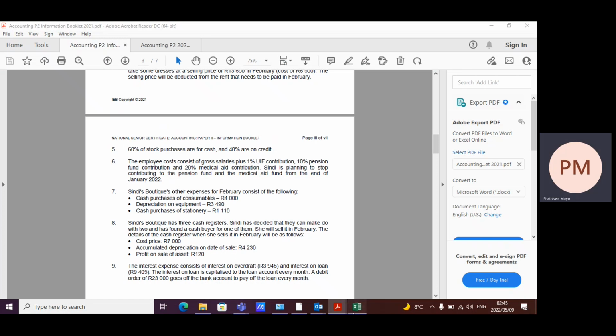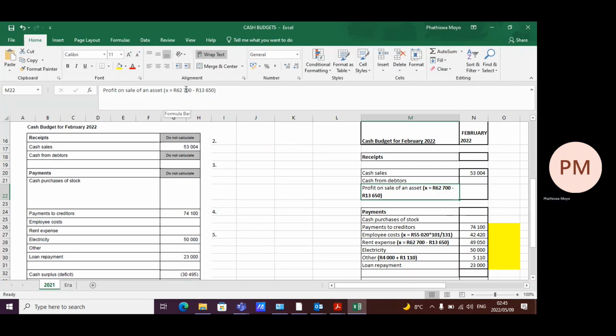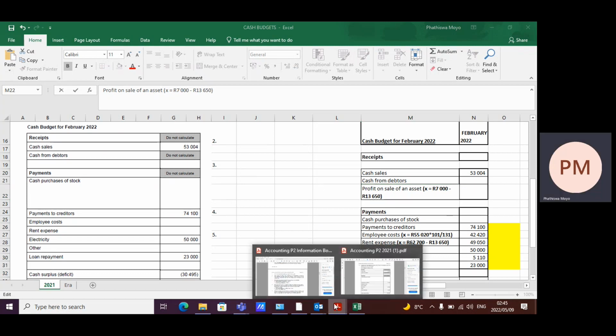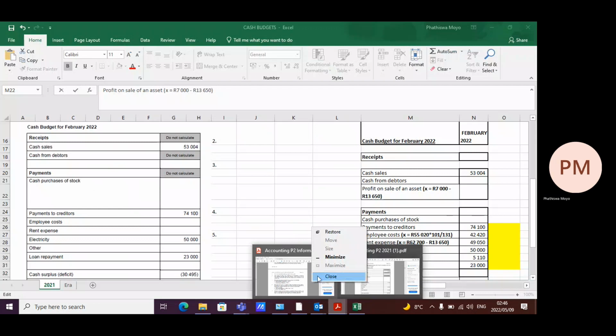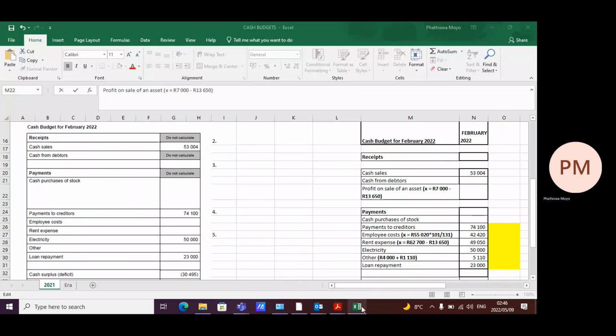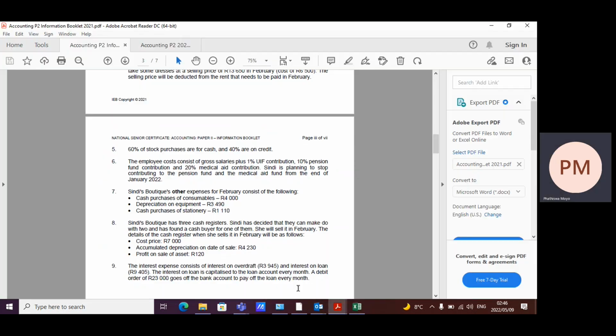The cost price is 7,000. And then the accumulated depreciation is 3,490. I'm making up stories.